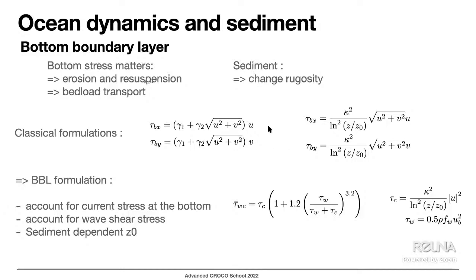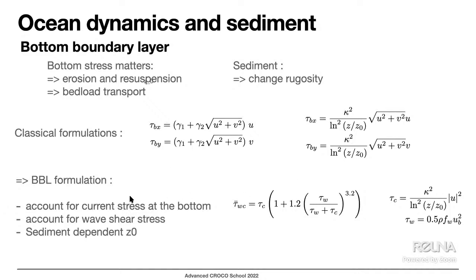But you can see here that we have nothing related to the bed and nothing related to sediment either. So that is not enough to be able to deal with sediments.